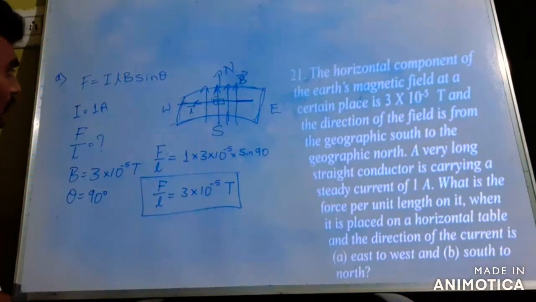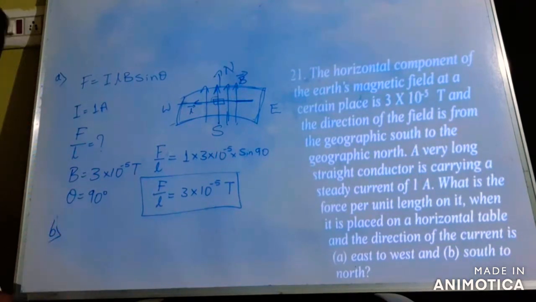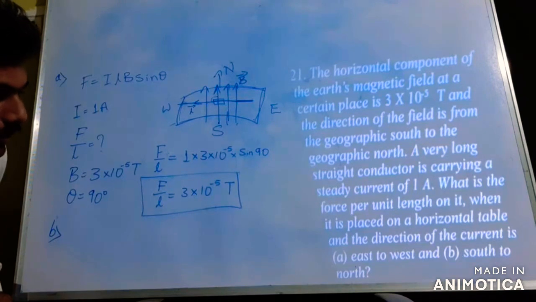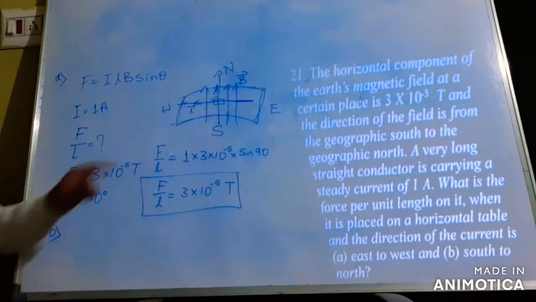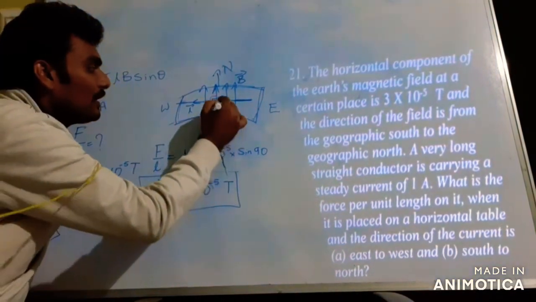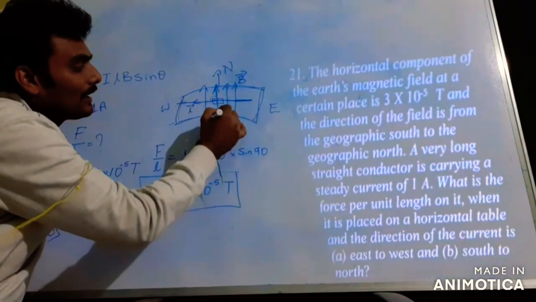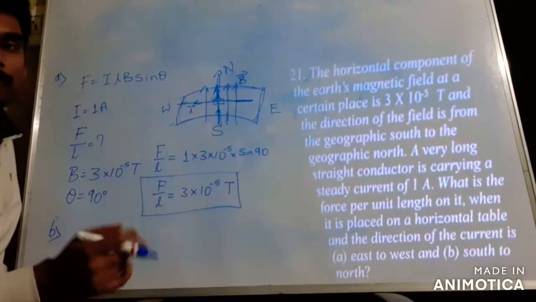Very easy, right? Now moving ahead, looking at the second sub question, we have the current flowing from south to north this time. So the conductor is kept in the same direction as the magnetic field.